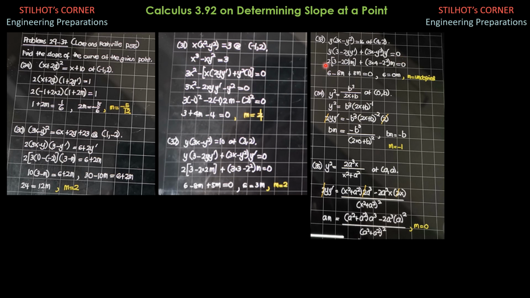So we have 2 quantity 3 minus 2 times 2m close plus quantity 3 times x, which is 4, minus 2 square close m equals 0. So distribute: 2 times 3 is 6, 2 times negative 4m is negative 8m.